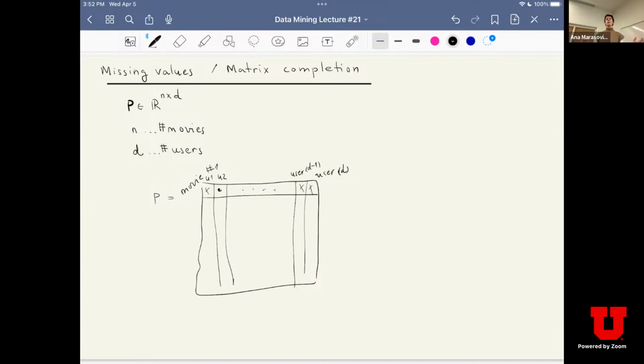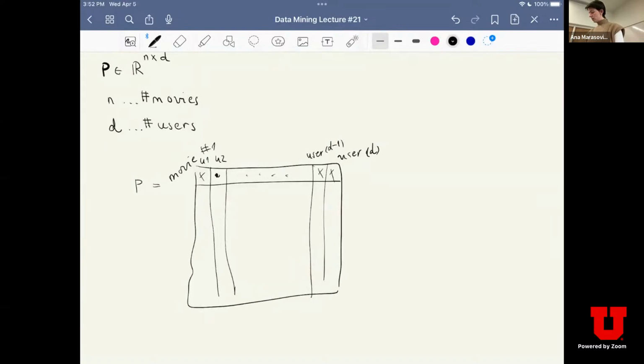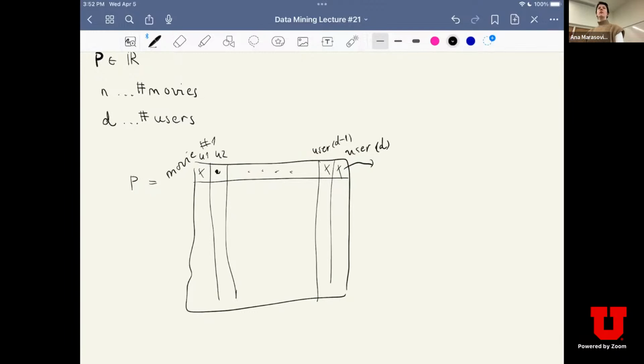So I can just average those and say, this is the rating that user 2 would give to this movie. I think we have 5 stars max, so we can say 1 to 5, where the number corresponds to the number of stars.